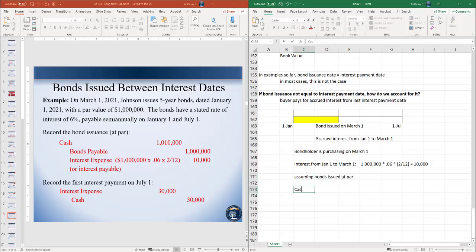That means the amount of cash we'll get will be the issuance price of $1 million plus the $10,000 interest, excuse me. The journal entry should answer where that cash is coming from. $1 million of it's from the face value, or from the bonds payable. And the other $10,000 comes from the interest.